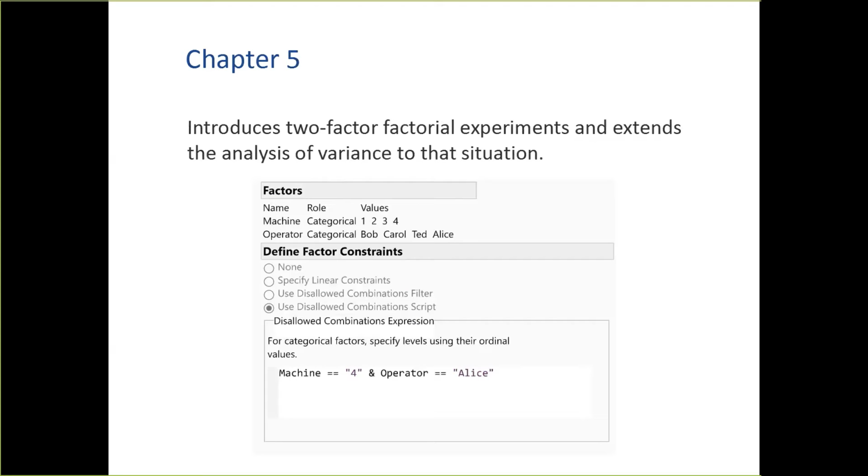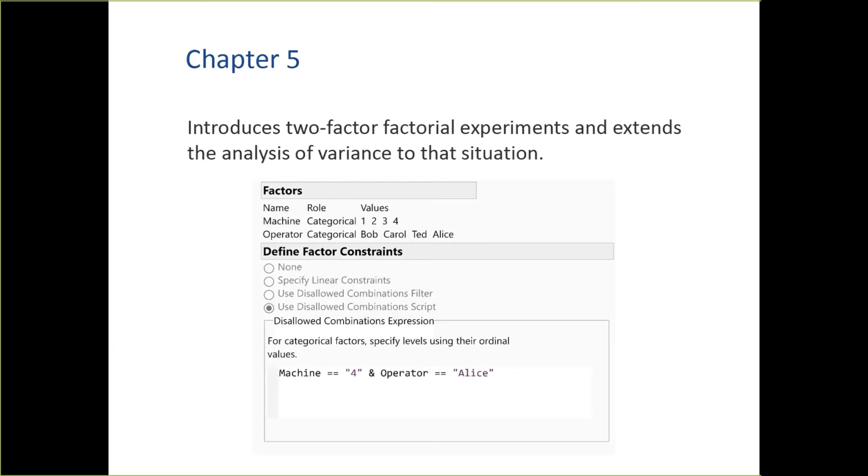Chapter 5 talks about factorial experiments, and we use the two-factor factorial as the motivating example here, and we show how the analysis of variance can be extended to the two-factor factorial case. We talk about different situations here.